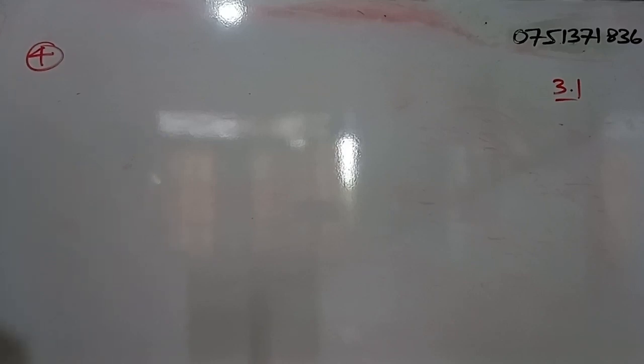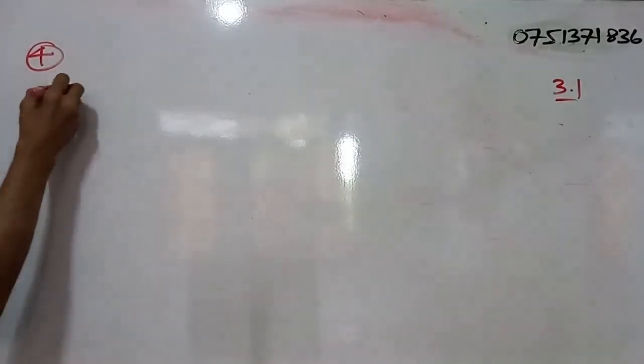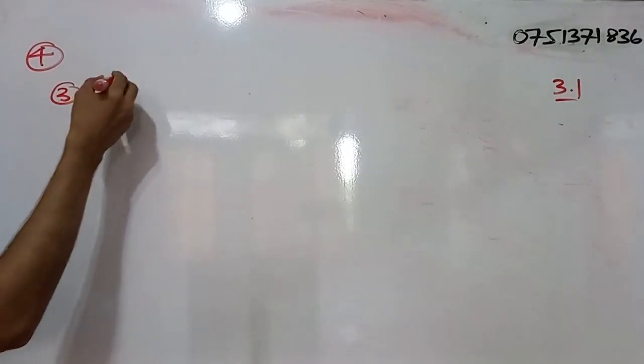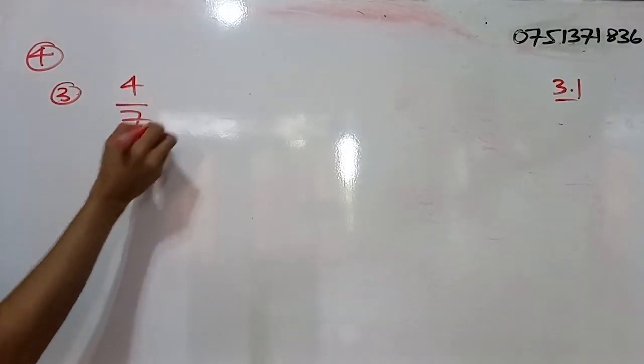Okay. Third part. If the area of the portion remaining after Pradeep had bought a part of it is 240 square meters, what is the area of the land owned by Pradeep in square meters? Right. So this is the third part. The total amount of land that Pradeep has, that is what? 4 by 7, no?